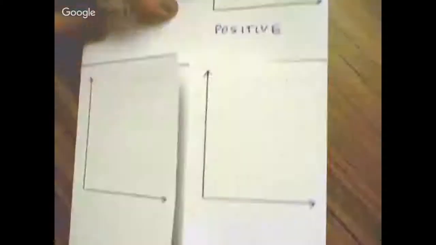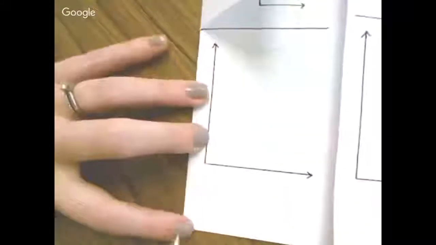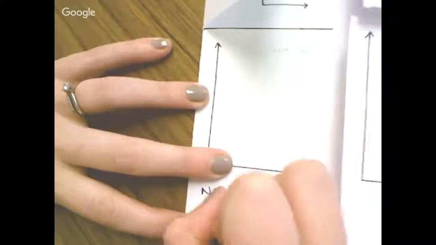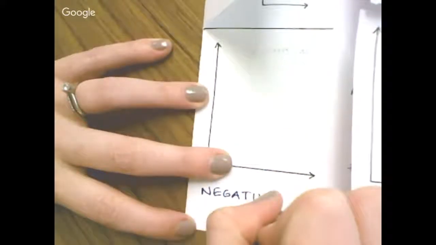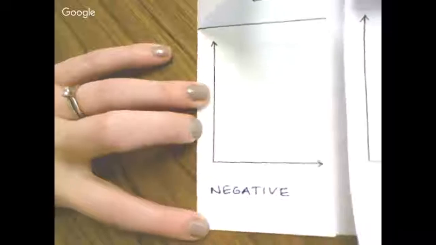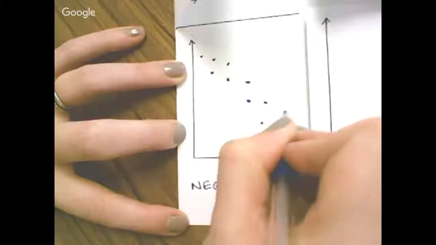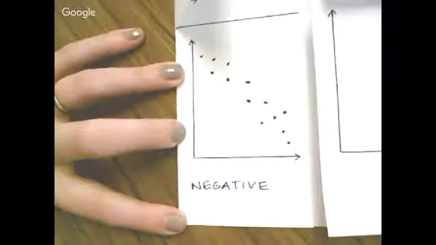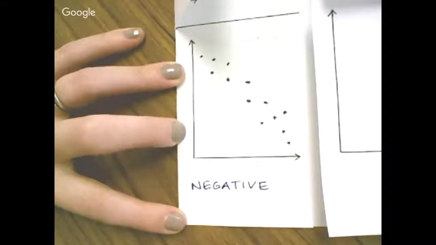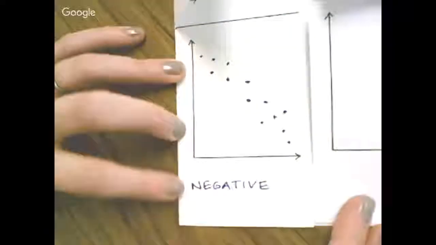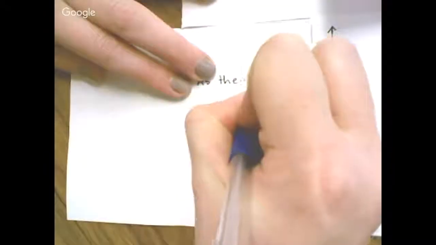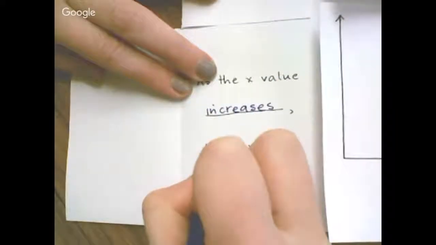So let's look now at a negative correlation. This is when my dots are coming together and they go in more of a negative slope. So what this is saying is as the x value increases, the y value decreases.